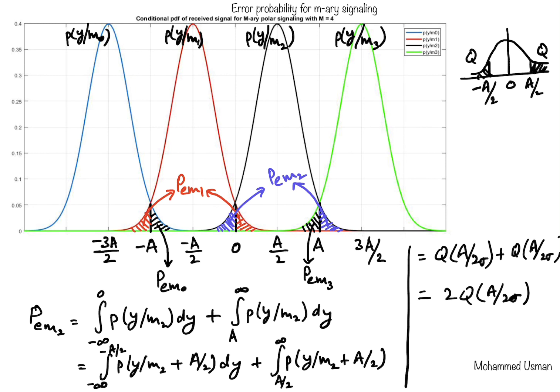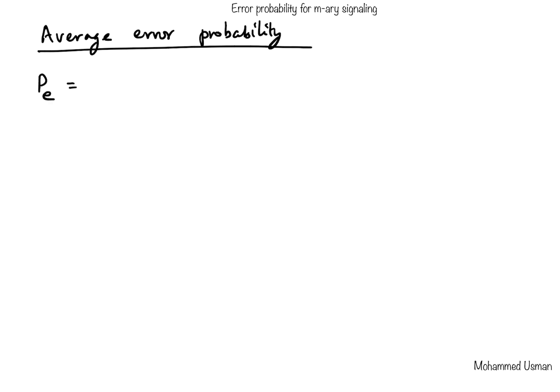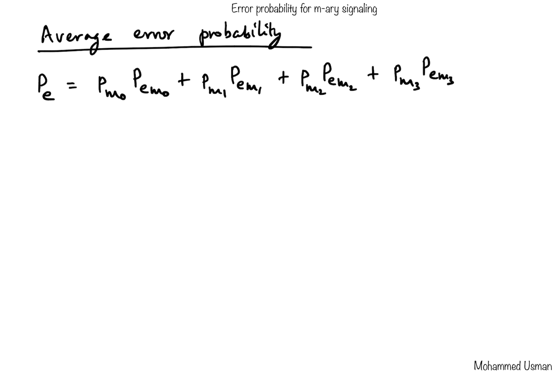The average error probability, which we will simply call PE, is the probability that we transmit M0 and there is an error in M0, or we transmit M1 and there is an error in M1, or we transmit M2 and there is an error in M2, or we transmit M3 and there is an error in M3. So that will be the general expression for the average error probability.